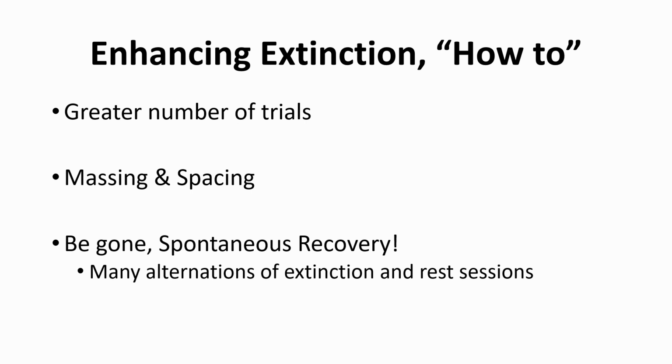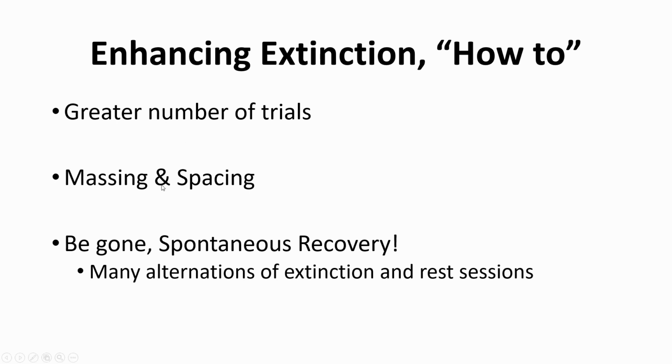So if you have more extinction trials, more exposures to the conditioned stimulus in the absence of the unconditioned stimulus, or the more times a behavior can occur without being followed by a reinforcer, if we're considering operant conditioning, the more of those exposures, the more of those trials, the better extinction will be, and the longer that extinction will last.